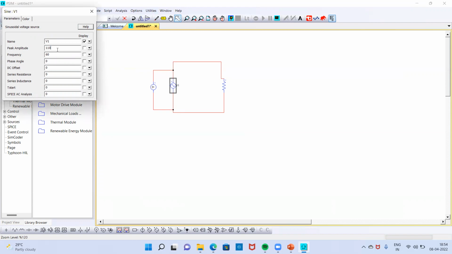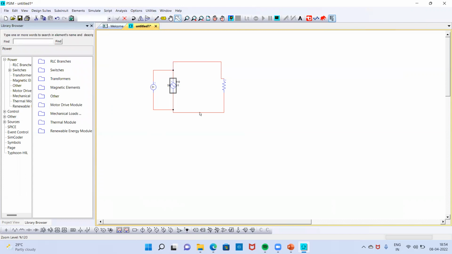I am going to set its peak amplitude, that is the amplitude of this waveform, to 110. By clicking here, this will be displayed here. And instead of 60 hertz, I am going to make it 50 so that we can easily understand things.